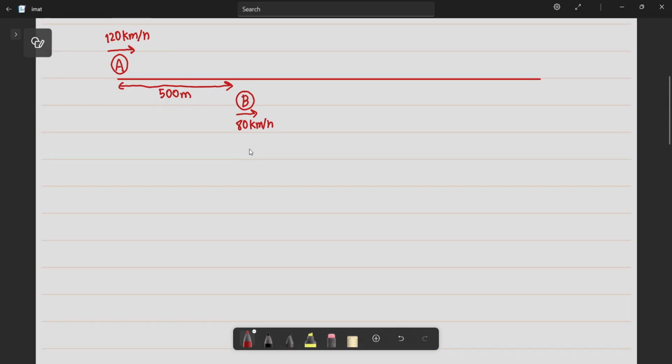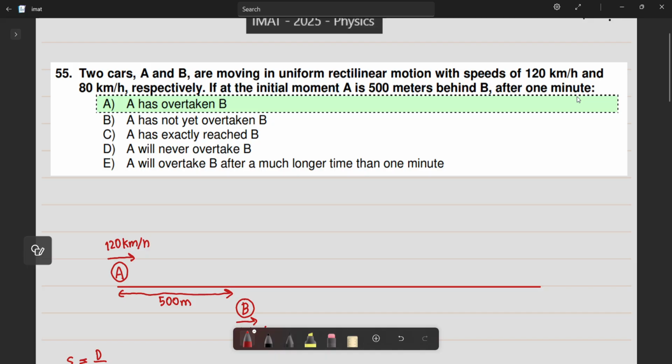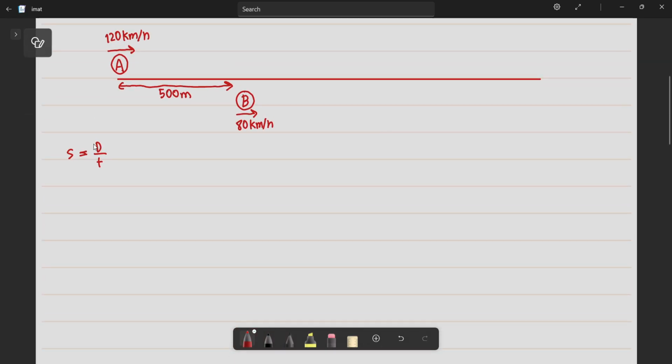But we're not going to use the traditional method where speed is equal to distance by time. Rather, we're just going to convert the units into kilometers per minute because the question asks after 1 minute exactly. But we are still going to adopt this formula.